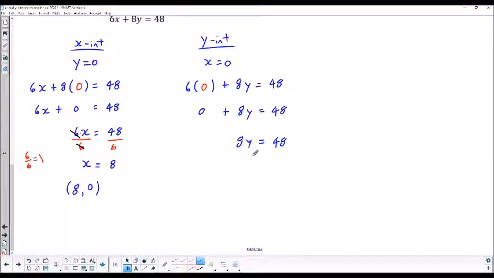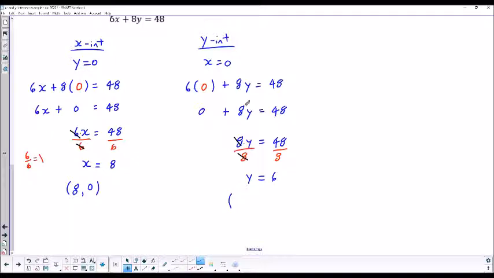We know that 8 multiplied by 6 is 48. Algebraically, we could divide both sides by 8, because 8y is 8 times y, and 8 over 8 as a fraction is just 1. Those dissolve into thin air and leave us with y equals 6.